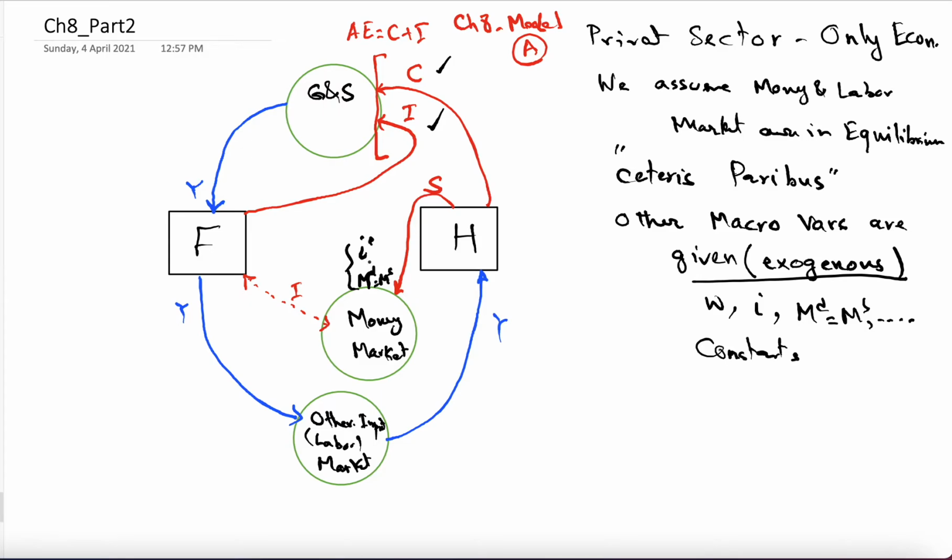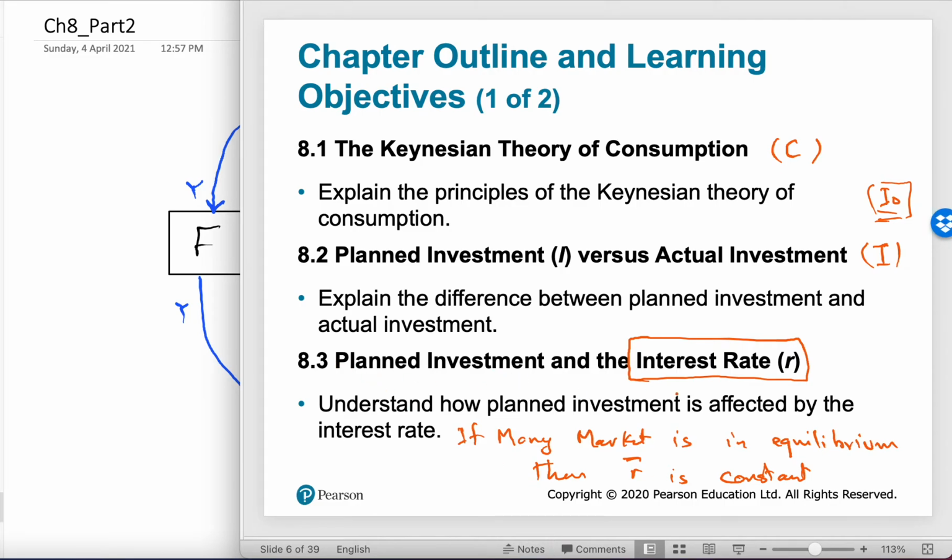If this equilibrium interest rate is higher, families respond differently: if they lend their money, they can get more interest. For the firms it is quite the opposite: if the interest rate goes up, borrowing from others becomes more expensive, so the cost of borrowing is increasing. That is what the book explains in learning objective 3, the relationship between planned investment and the interest rate.